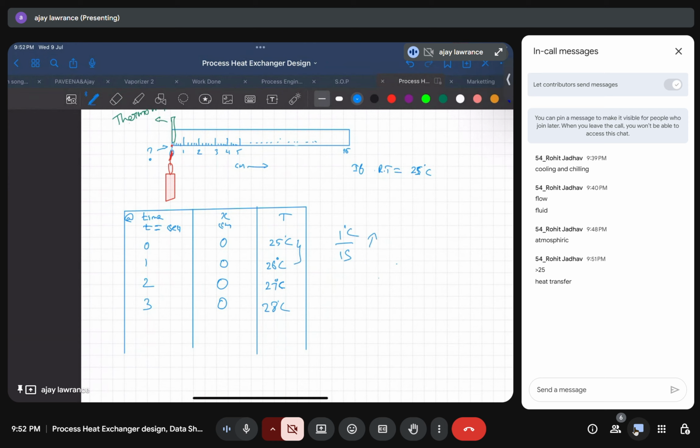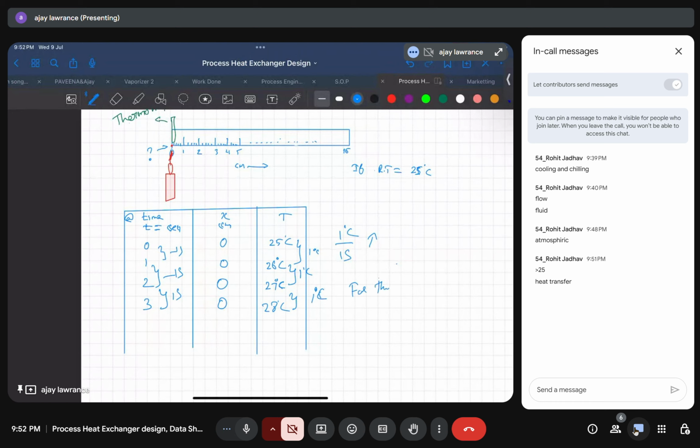See here also, 1 degree Celsius per second. The difference is 1 second, 1 degree Celsius. Right?